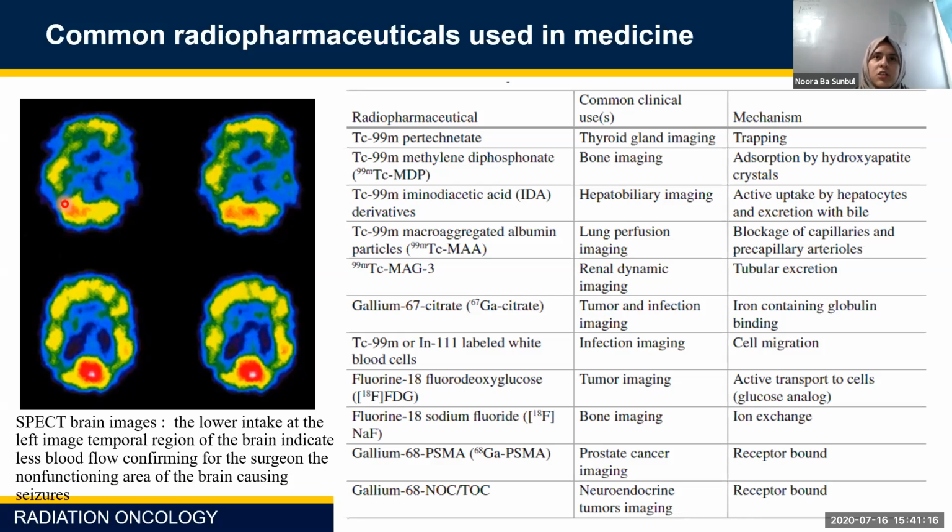By looking into that small uptake, it means that the blood flow into that part of the brain is a bit lower than normal, and that will help you diagnose that there is a malfunctioning of that area of the brain. This is just to give you an idea about the concept and how and why we use it.